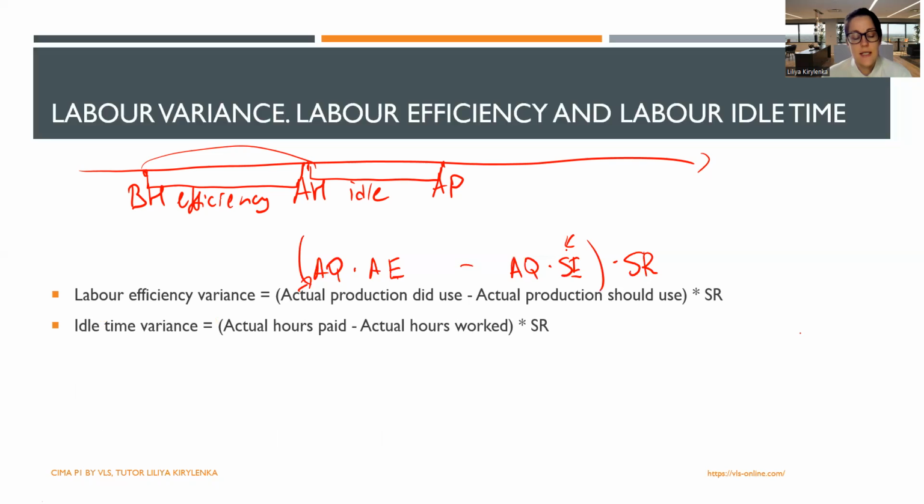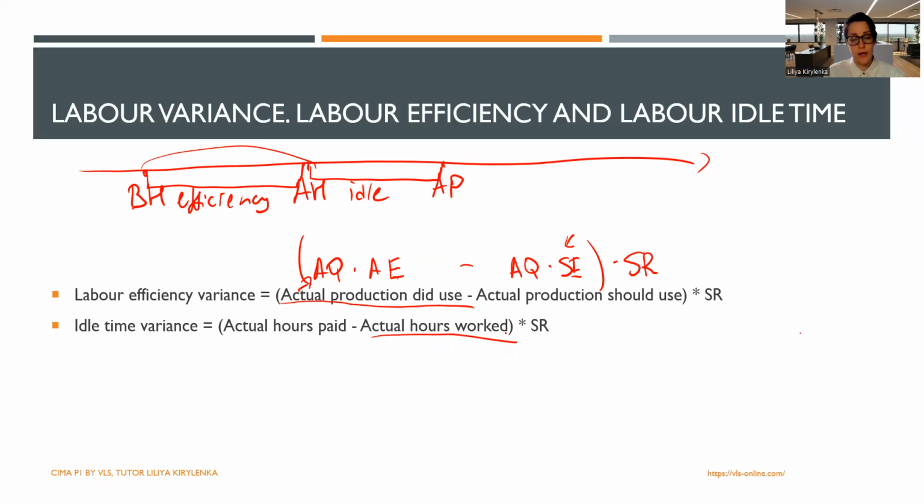Idle time variance is when we take actual hours paid and subtract actual hours worked, and we multiply that by the standard rate. We use the standard rate because it's a volume type of variance, a quantity type of variance.